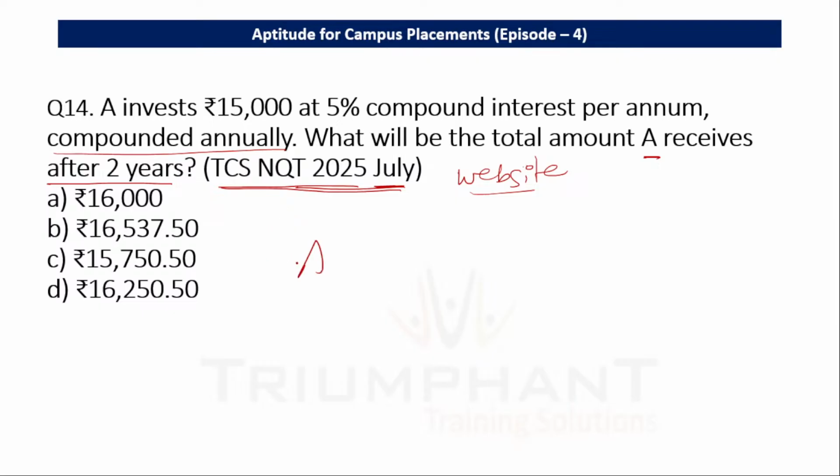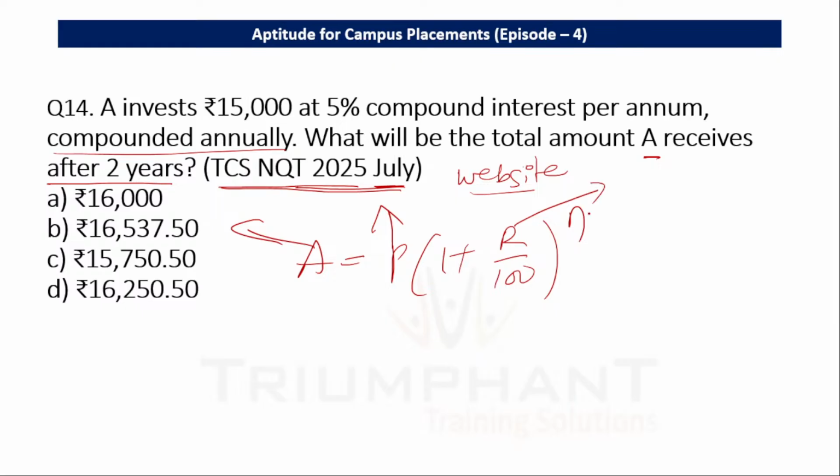Under the compound interest formula, A is equal to P into 1 plus R by 100 whole power n, where A is amount, P is principal, R is rate of interest, N is number of times you pay the interest in the given period. Now in this question, we are given principal as 15,000, rate of interest 5, and time 2 years.